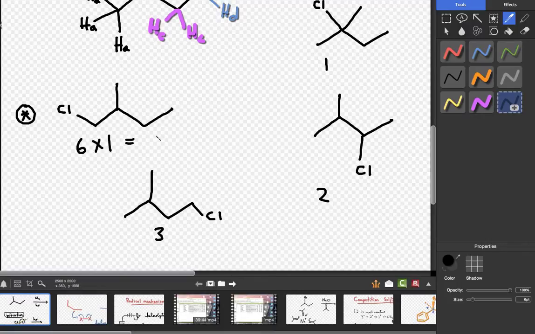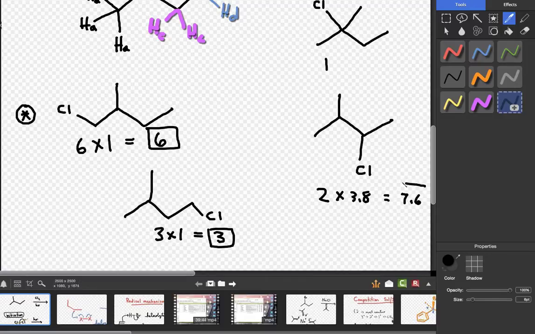That's a total of 6. This 3 I multiply by 1. That's a total of 3. These 2 I multiply by 3.8. That's a total of 7.6. And of course this one is tertiary. I multiply by 5. That's a total of 5.